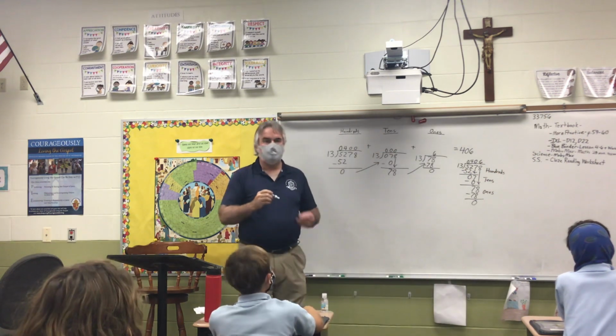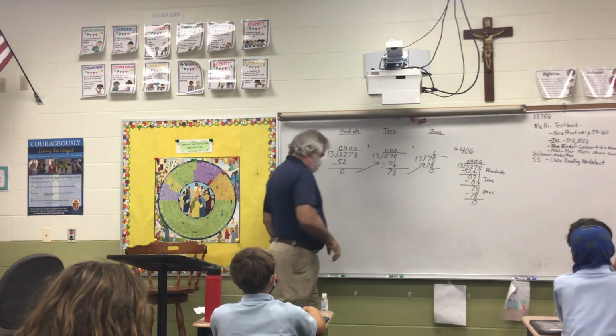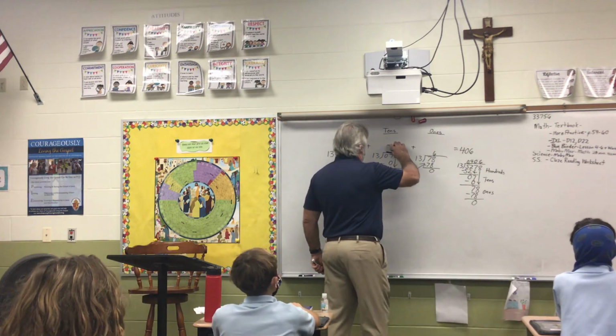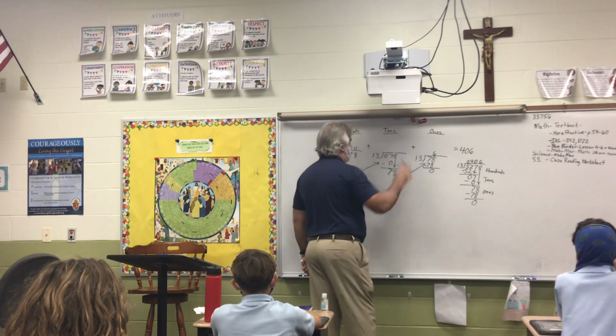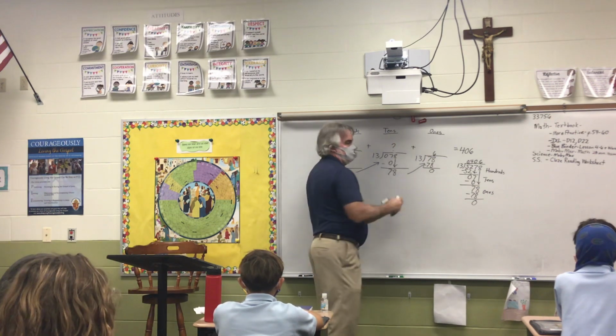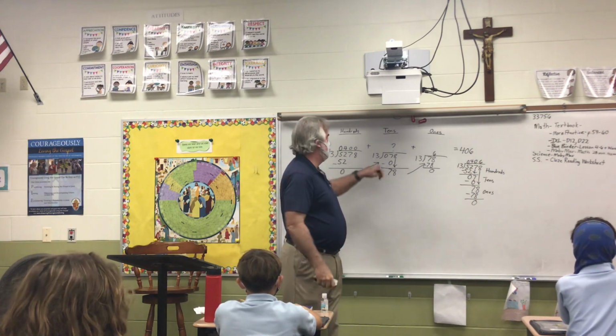Okay? Now, you had some parts of this yesterday that they left blank. Well, they didn't really. They put a question mark in there. And you had to find out what the question mark was.